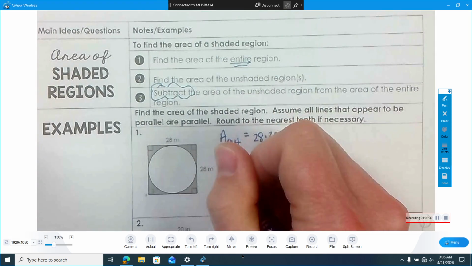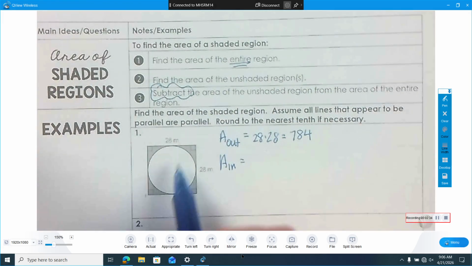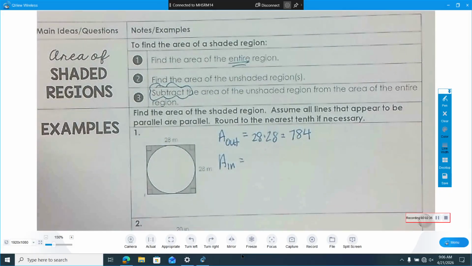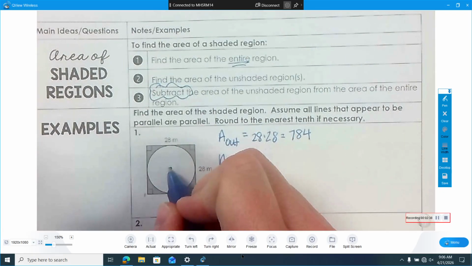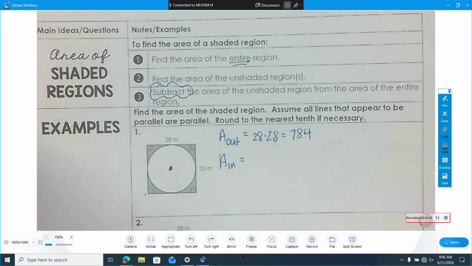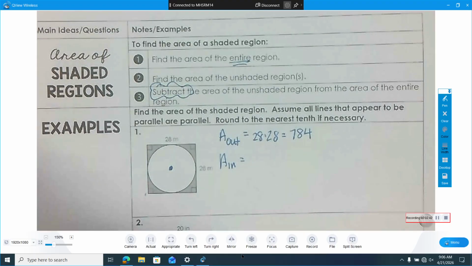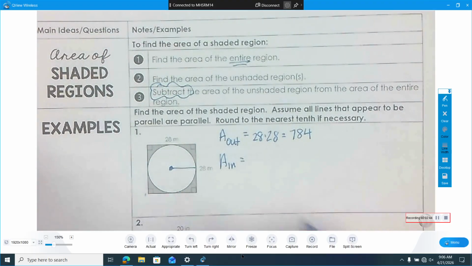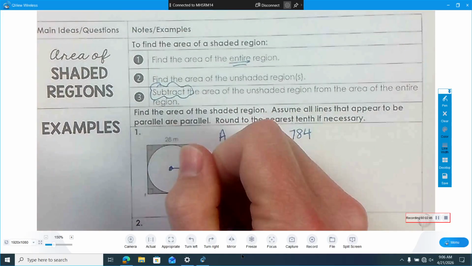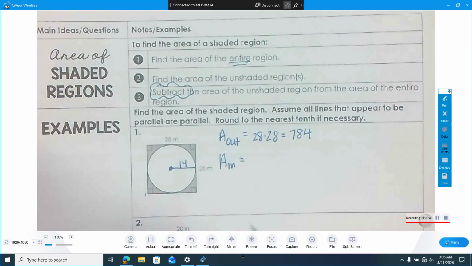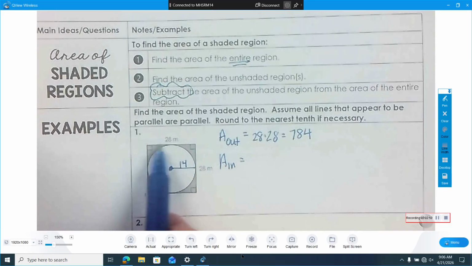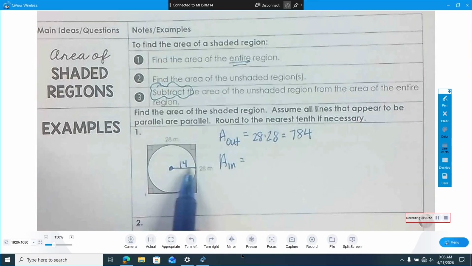And then the area of the inside, what shape is the inside? A circle. And I need to know the radius of that circle. How'd you get 14? Yeah, so we know that 28 is the whole length of the diameter, all the way from one side of the circle to the other side.